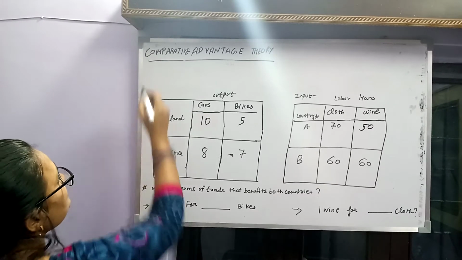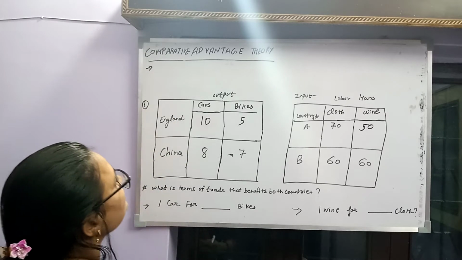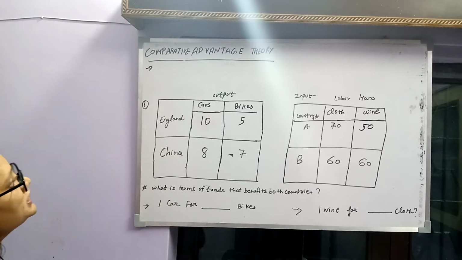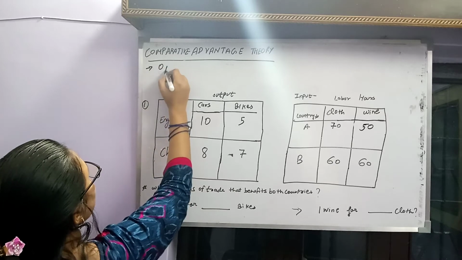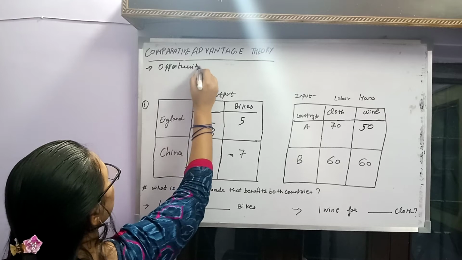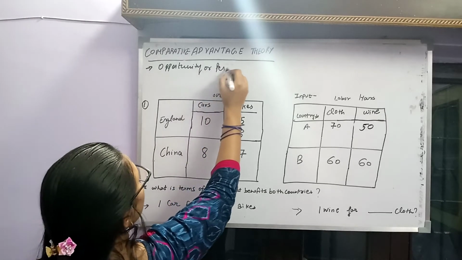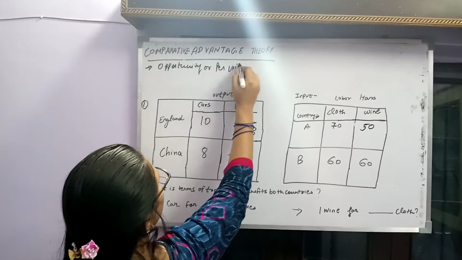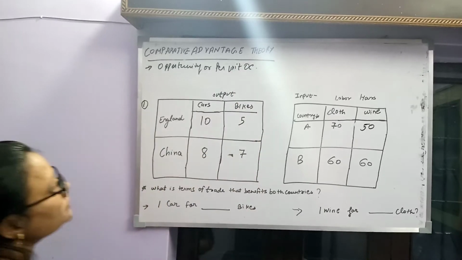The first step to calculate comparative advantage is to calculate the opportunity cost, or per unit opportunity cost. So how will we calculate that?